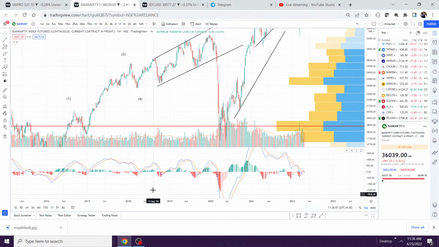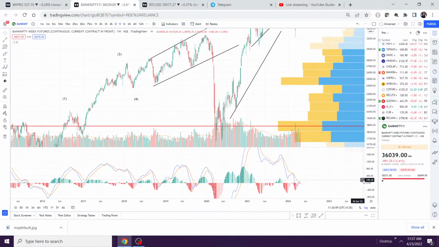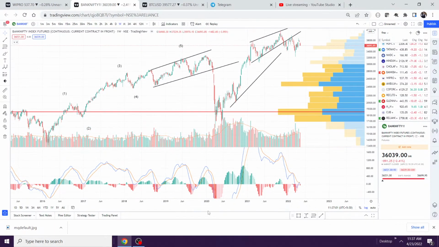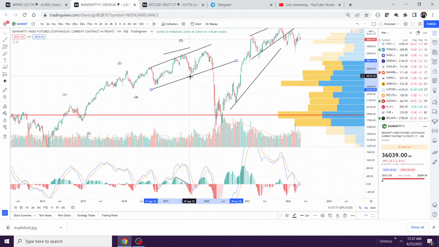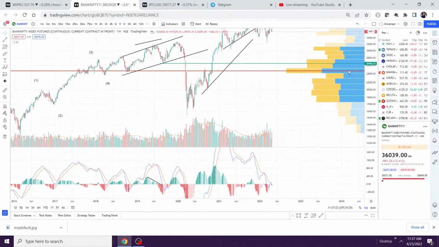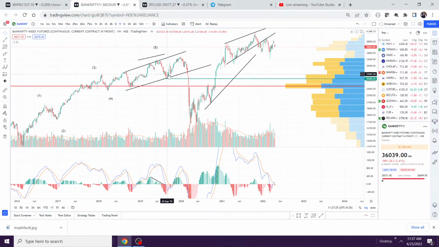Because you can see there will be a divergence. Once we get a breakout below this line, you can say the ending diagonal is complete and now a fresh impulse move begins. This is the same pattern which happened in COVID 2020.